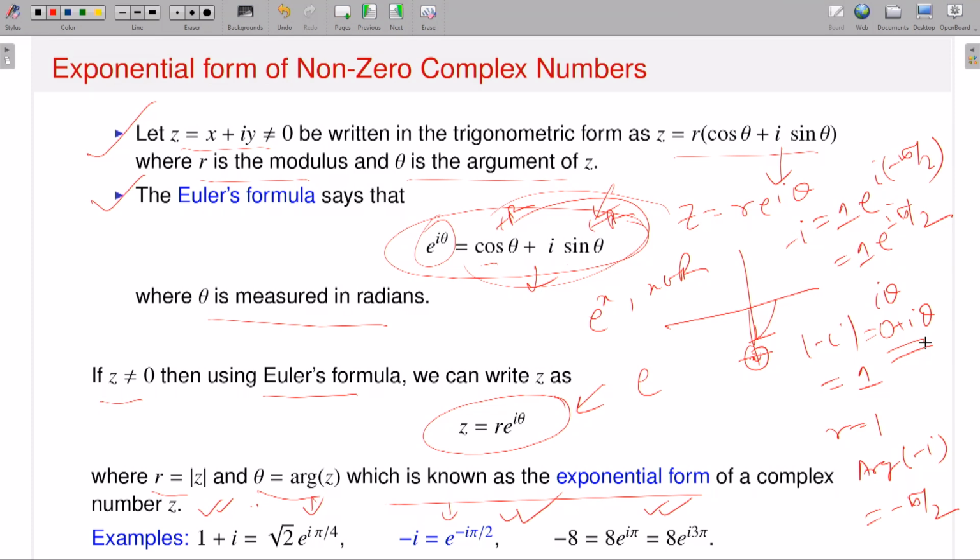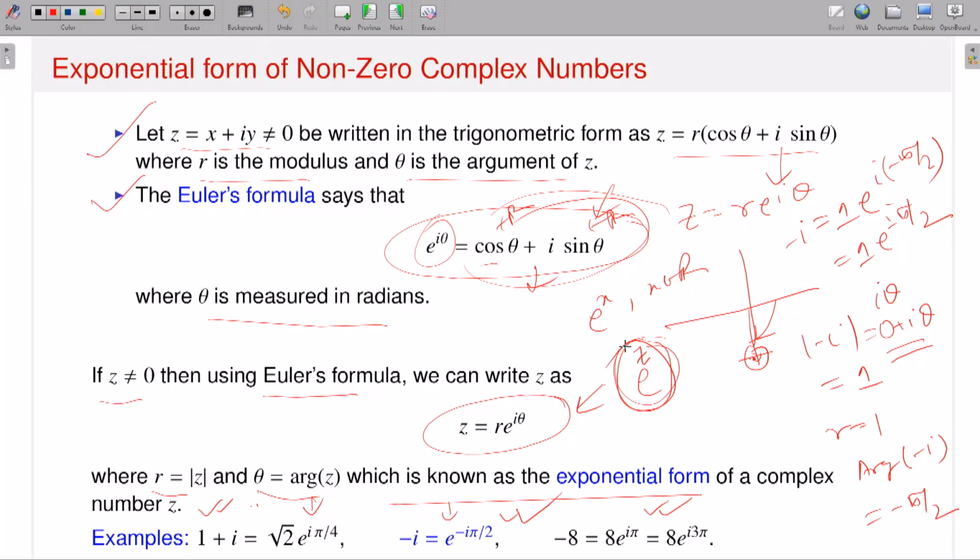So you are actually trying to say e to the power z, but I know the meaning of only e to the power x. So what is the meaning of e to the power z? Later on, when I talk about analytic functions and power series, I will give the meaning of e to the power z for a complex number z.